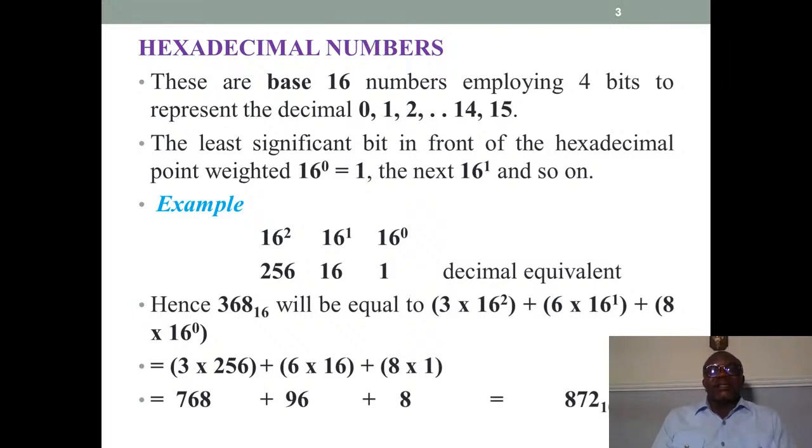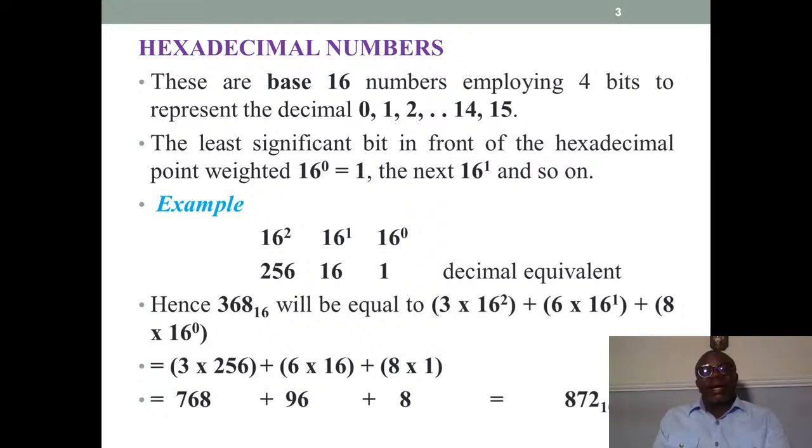We have said that if you have your bits, the one to your right is the least significant bit. So the next is 16 raised to power 1. The next is 16 raised to power 2, and so on.